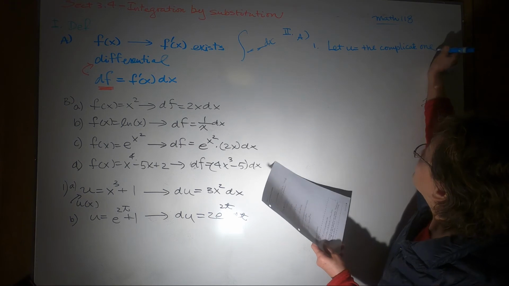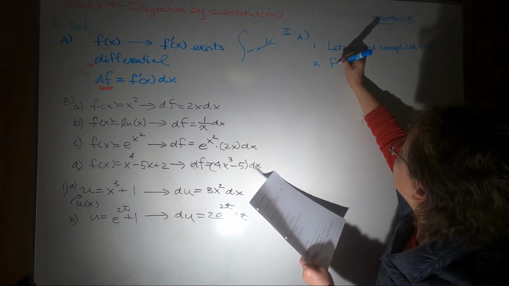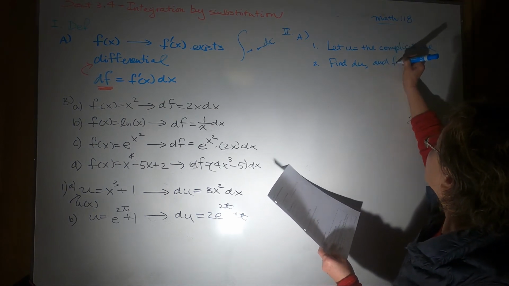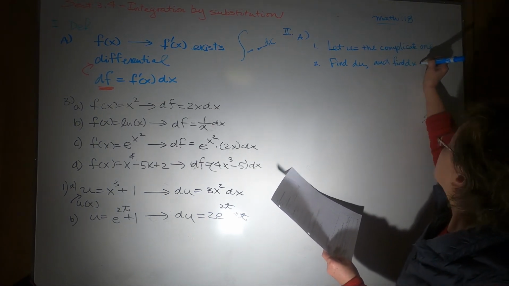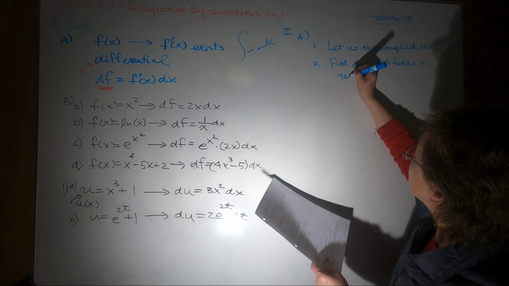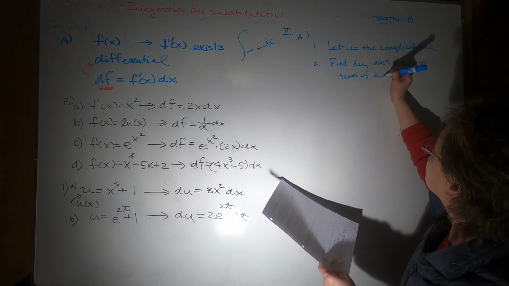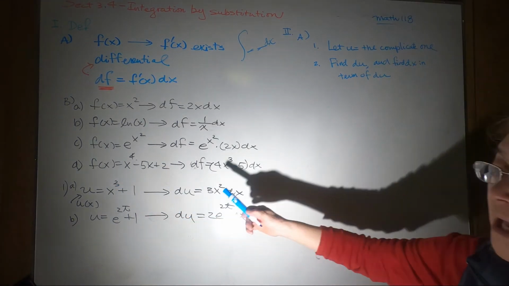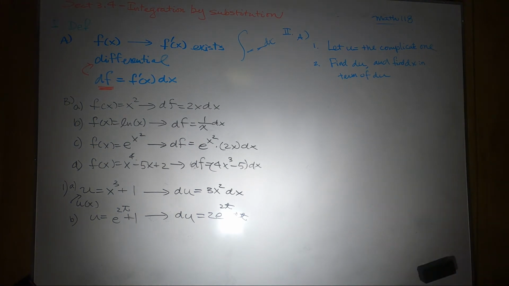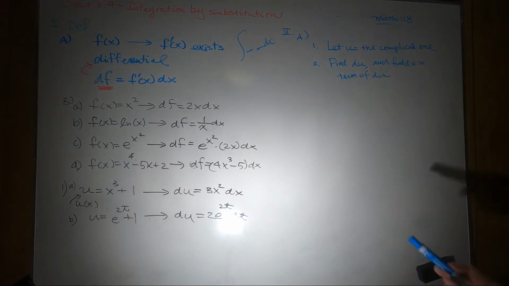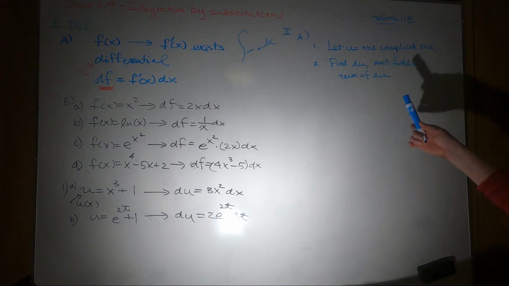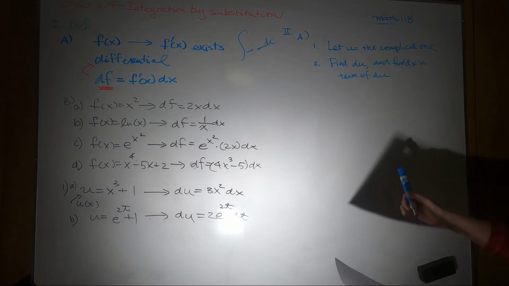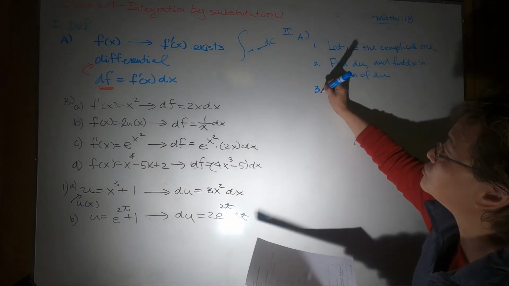First one, we will let u equal the complicated one. You see why? Okay, then we will find du and find dx in terms of du. So we are going to replace whatever the original dx with u. So when you replace the complicated one with u, the situation becomes much easier to deal with, just u.